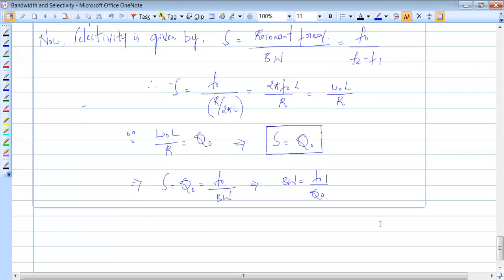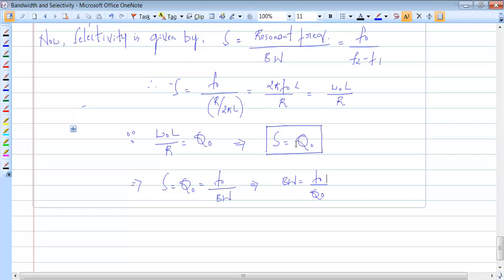Now, when would the selectivity be good? When quality factor is a big number. Understand this discussion, everybody. Be keen on this because the whole resonance concept is dependent on this. Selectivity is a very important concept. Just now we have seen that selectivity is equal to quality factor at resonance.